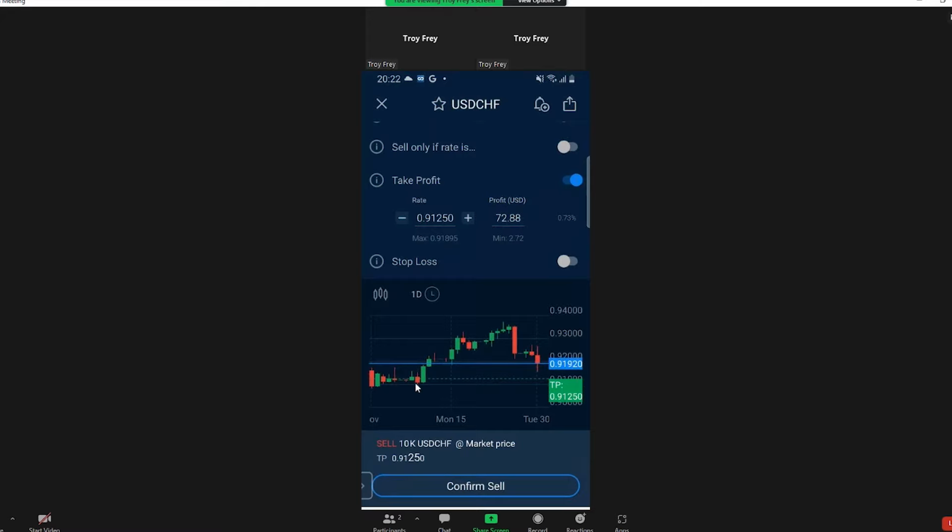Support just down here, 2 days where it bounced off this price, and we'd take profit just before that, which still gives us a potential profit of $73 on this small trade. Now, we go to the stop loss.